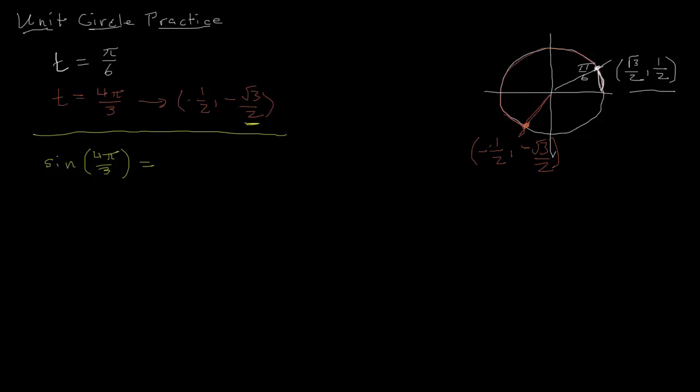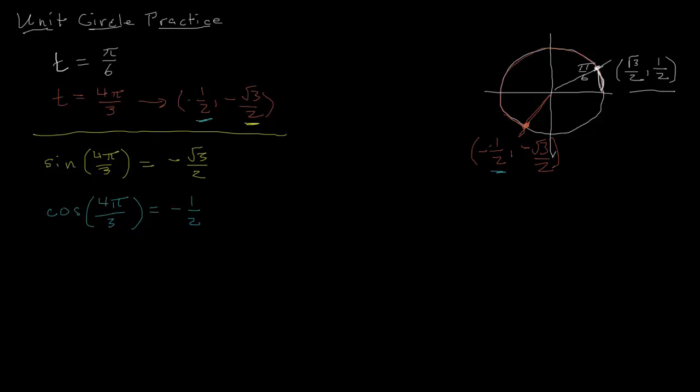So the sine is negative square root of 3 over 2. The cosine of 4 pi over 3 would be this x value. That's negative 1/2.